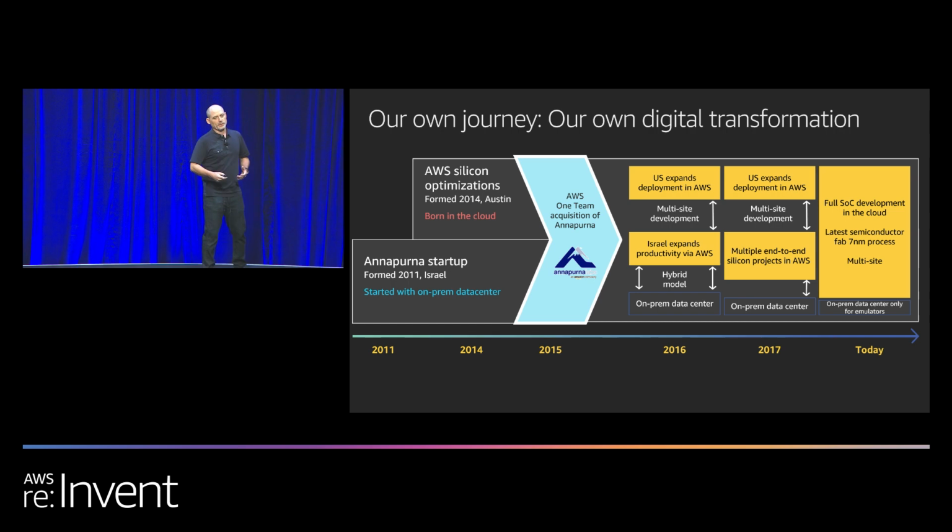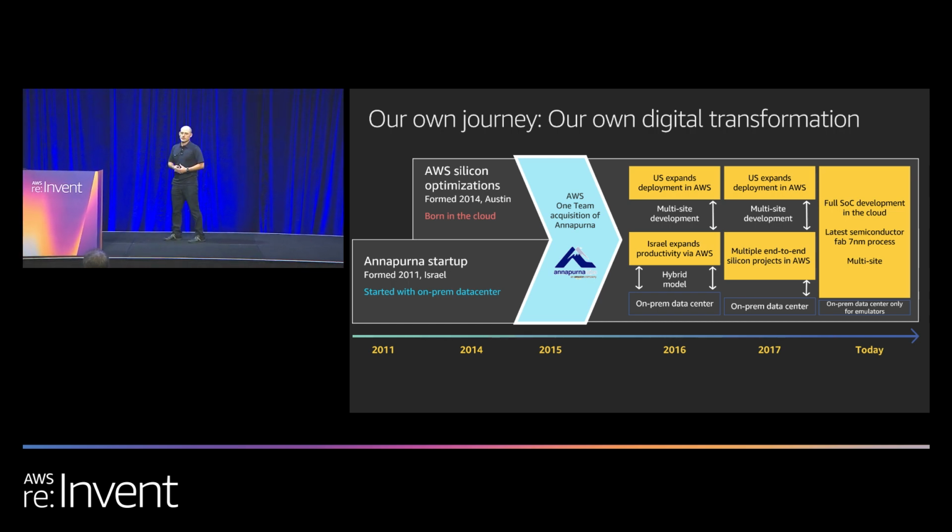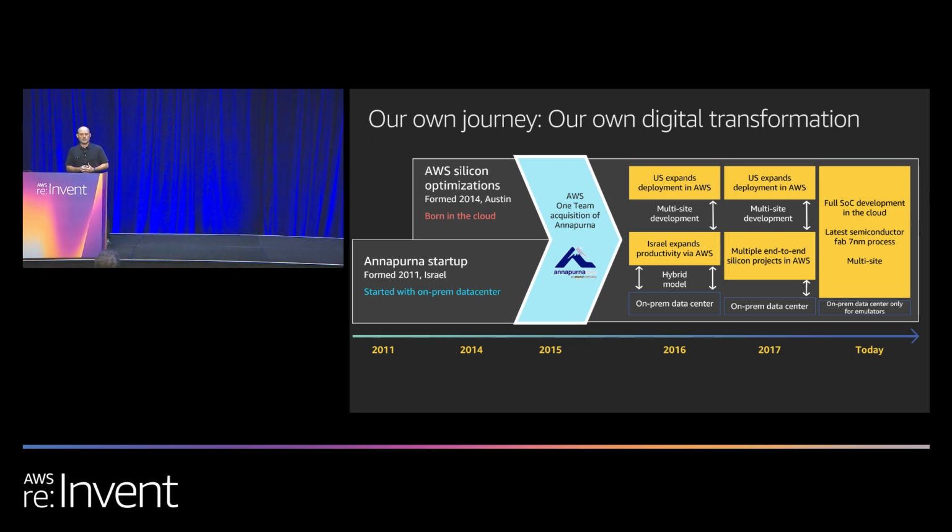And the response back was, how would you like to have 10,000 servers in 10 minutes instead, right? So the very journey that we're asking our customers to go through, the very journey that we're helping our customers go through, we had to go through that journey ourselves.